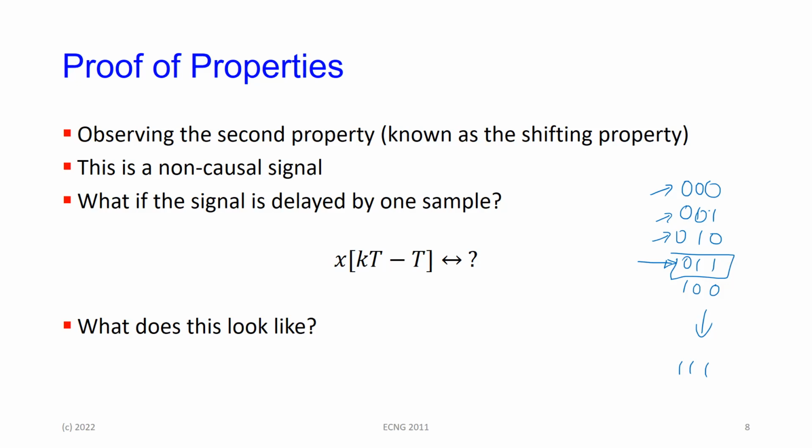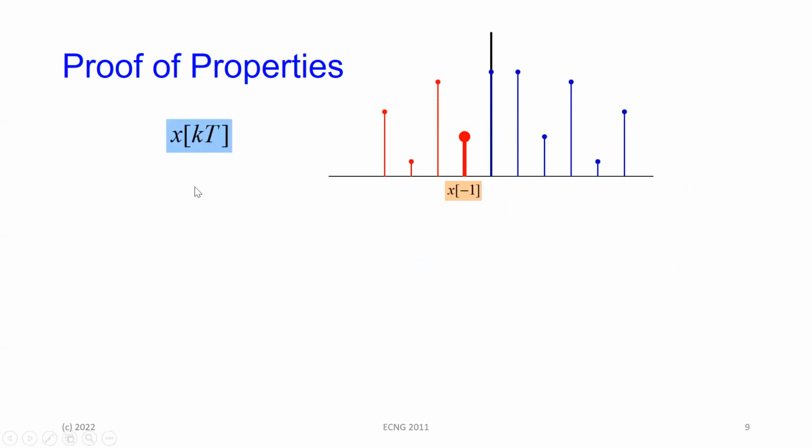All right. So if I look at a non-causal signal like this now, all of these values here represent my x(kt). If I delay this now by 1, x(kt minus 1), it means that everything, a delay is a shift in time this way.